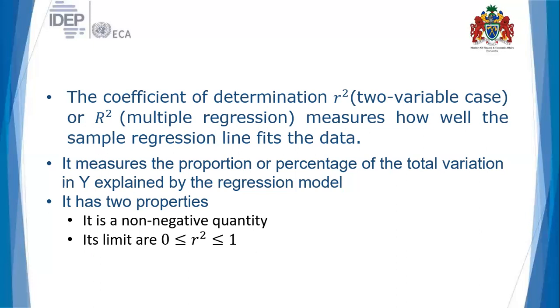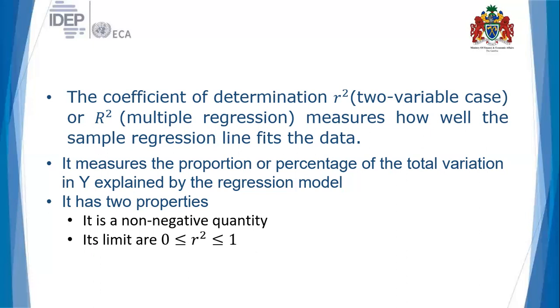If the coefficient of determination is close to 0, for example, 0.025, it means our fitted sample regression model explains a very small percentage of the variations in Y, or in the dependent variable.